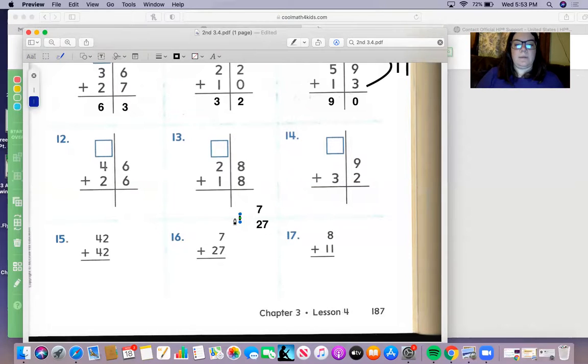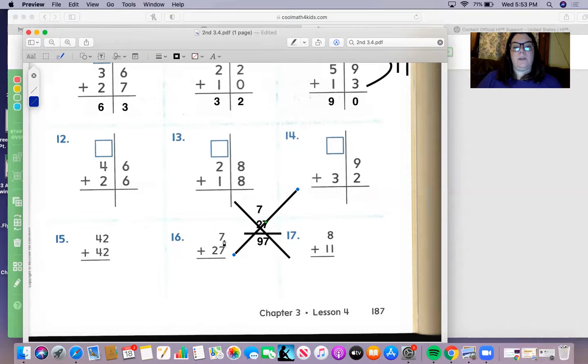And so then when it's added together, we have 7 units and 9 tens. Well, no, 7 plus 27 is not 97. So don't do that. That's why we're stressing the importance of lining it up.